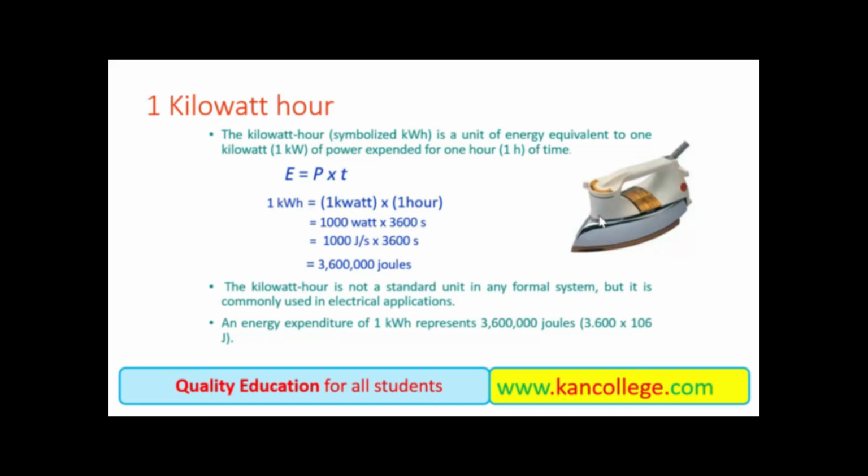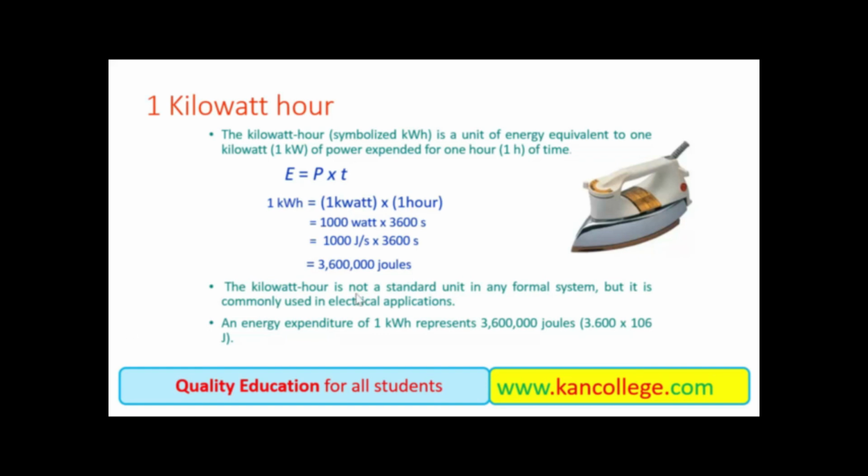Conversely, we can take the example of an iron. If this iron expends the amount of energy of 1000 joules in 1 second, as it is of 1000 watt, and it expends that energy continuously for 3600 seconds, it means 1000 joules per second for 3600 seconds, a total of 3.6 million joules, or 3,600,000 joules.